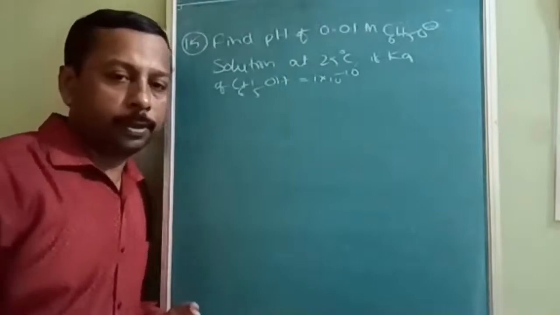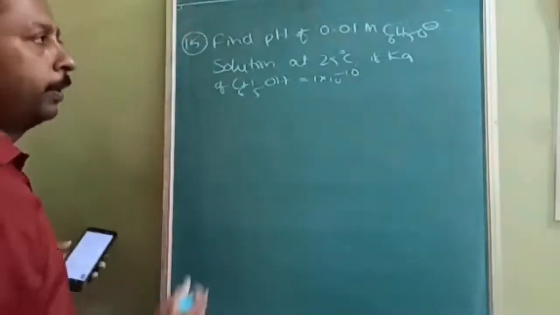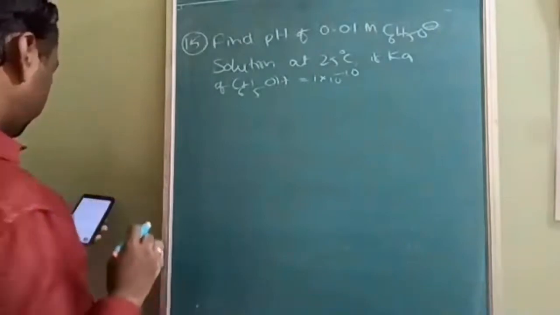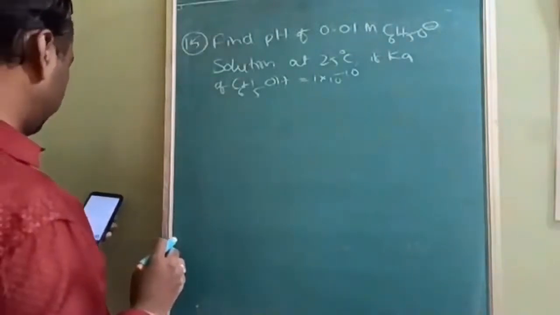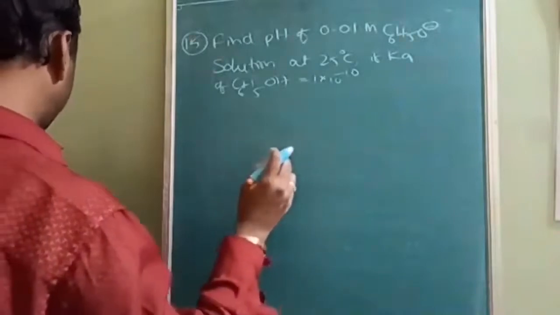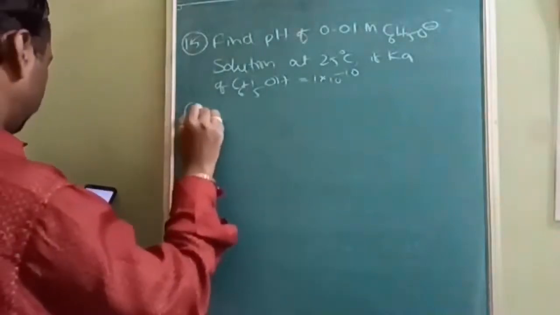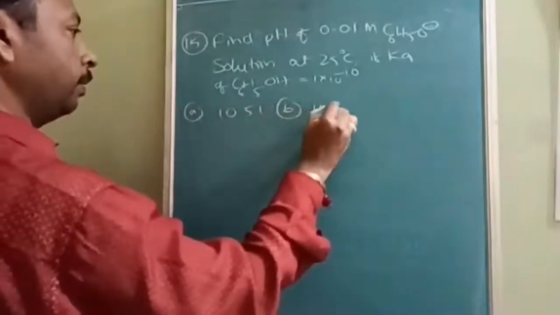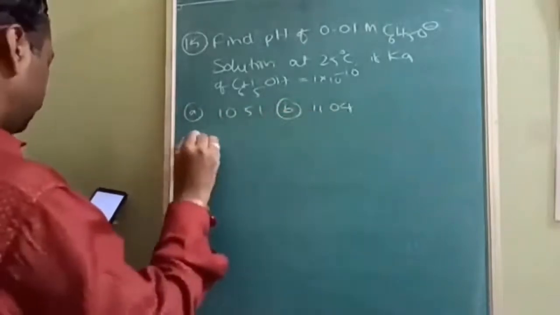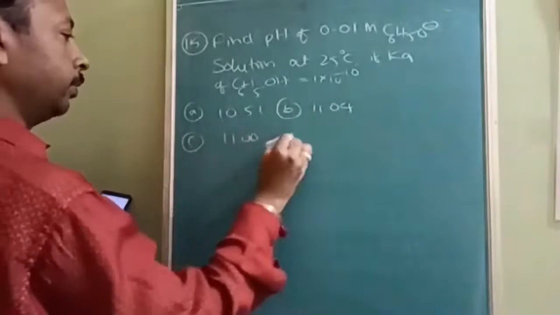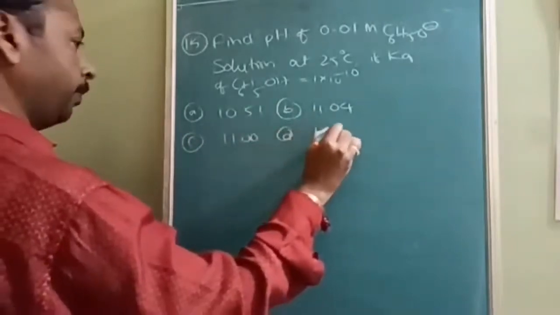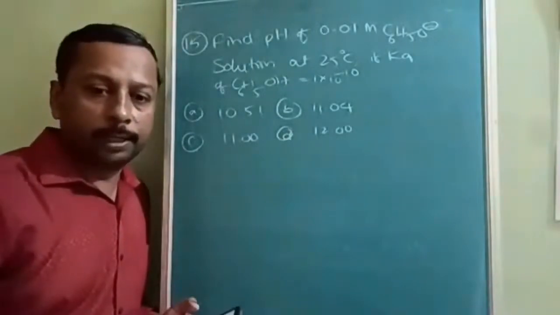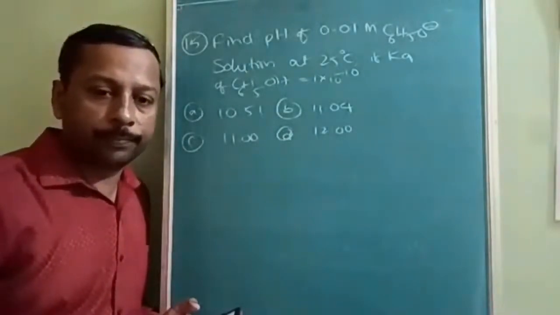Okay, next question is find pH of 0.1 molarity C6H5O minus solution. Okay, Ka value is given and options I am giving you are 10.51, 11.04, 11.00 and 12.00. So like this you can solve and let me know the actual answer.